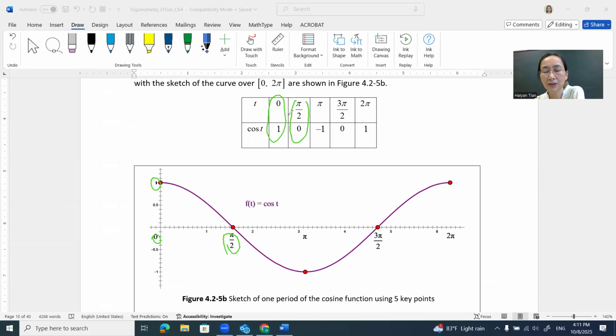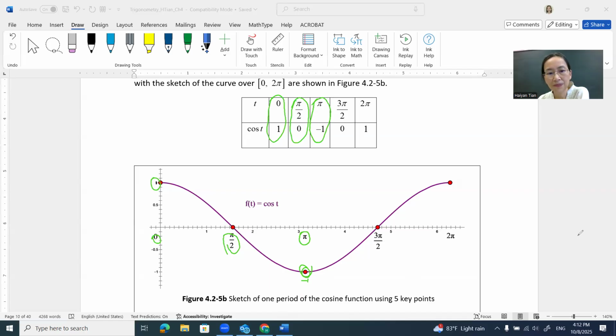That's one of the x-intercepts. And when the input value is pi, I mean the t value, the function value will be -1. Right? This is -1 at pi. So that's another point.